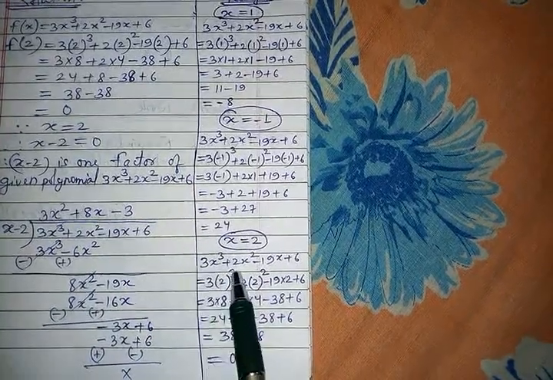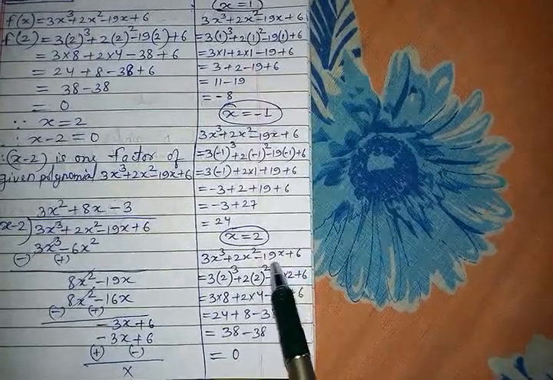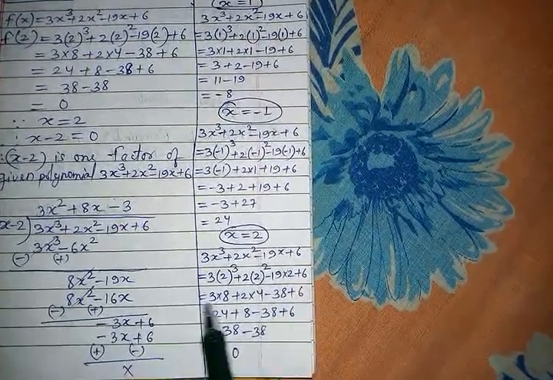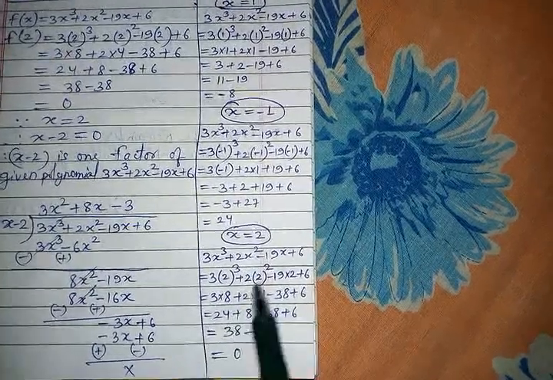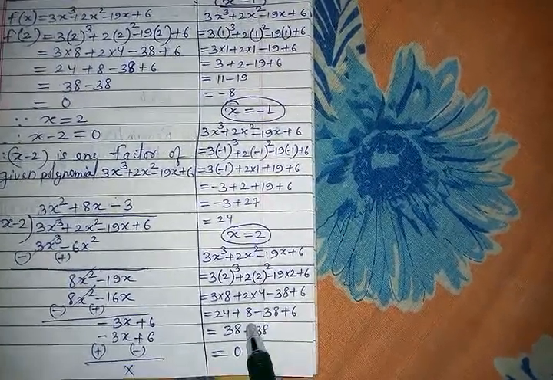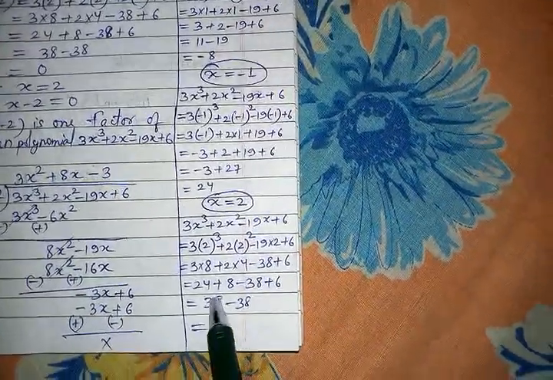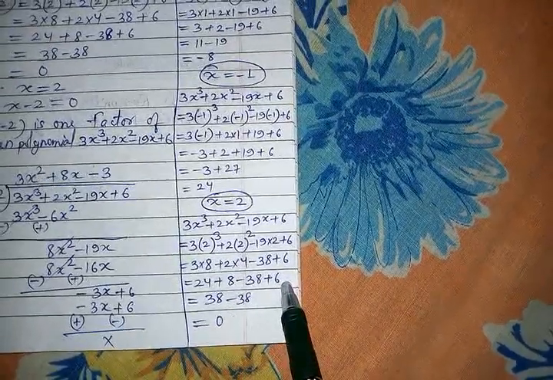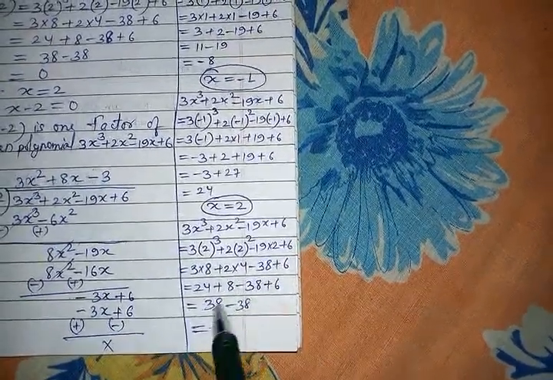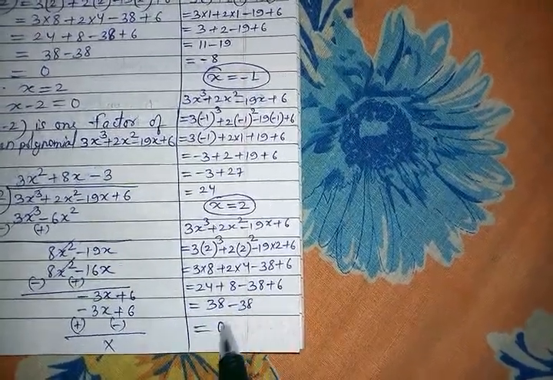When I put 2 here, x cube means 2 cube, x square means 2 square, 19x means 19 into 2. 2 cube is 8, 8 threes are 24, 2 square is 4, 4 twos are 8, 19 twos are 38, plus 6. At the end, 24 plus 8 is 32, 32 plus 6, all the plus numbers I am adding, 38. 38 minus 38 is 0.